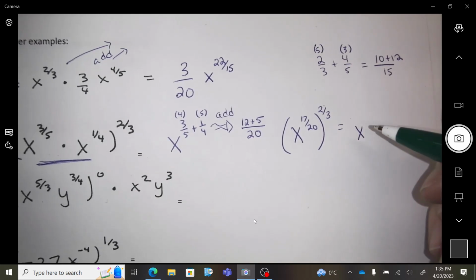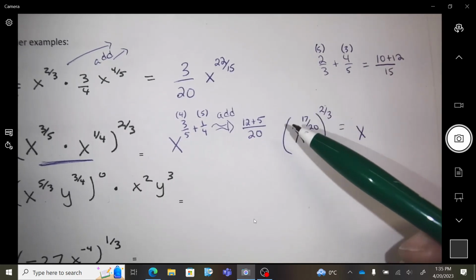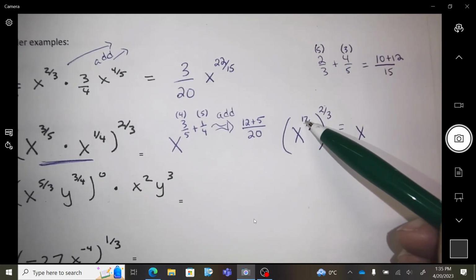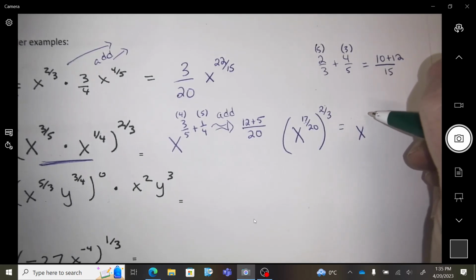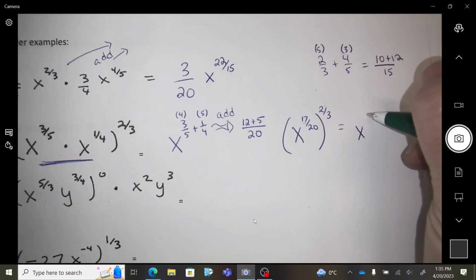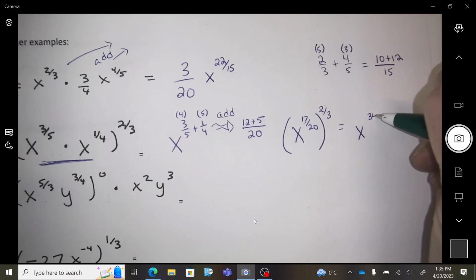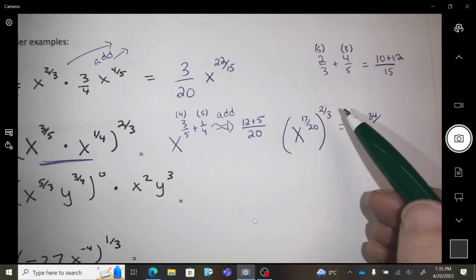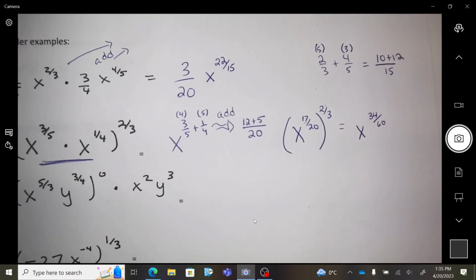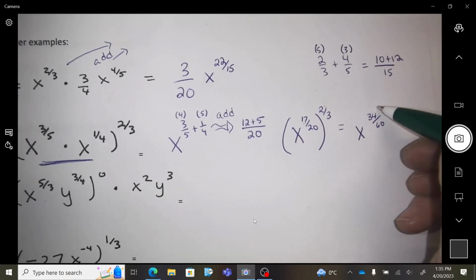I'm going to multiply. So when I multiply this, what is 17 times 2? 34. 20 times 3, 60. And there's my final answer.